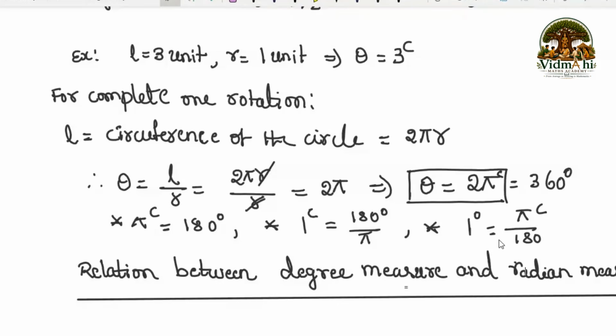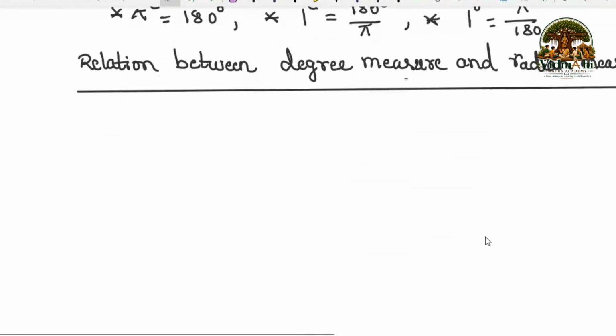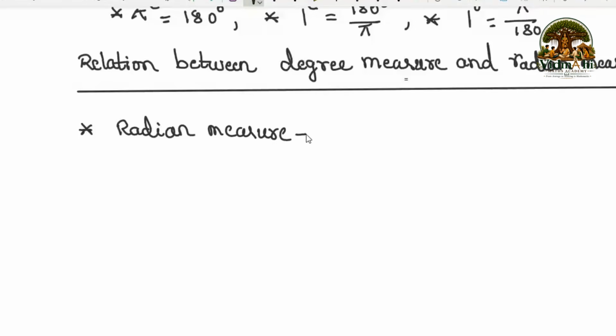Now the next concept is the relation between degree measure and radian measure. If you want to convert the given angle into radian measure, radian measure is equal to pi by 180 into degree measure.